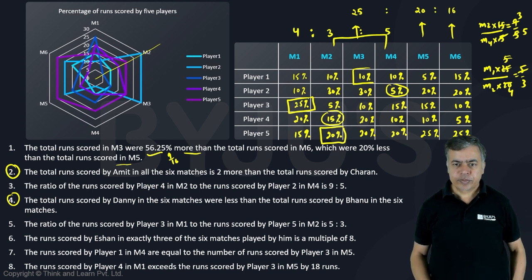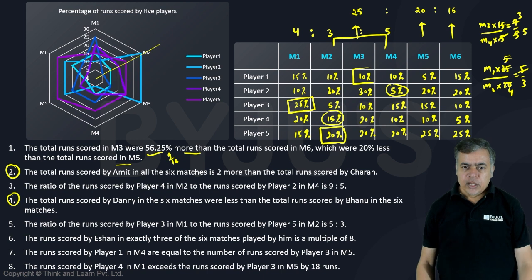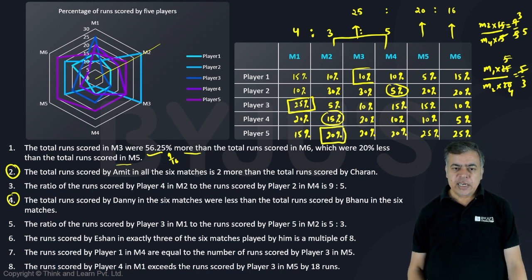Right? Okay. Now, the runs scored by Ishan in exactly 3 of the 6 matches played by him is a multiple of 8. Okay, we will take it later on. The runs scored by player 1 in M4 are equal to the number of runs scored by player 3 in M5. Player 1 in M4, I will take another color, to differentiate. Player 1 in M4, right, is equal to the number of runs scored by player 3 in M5.